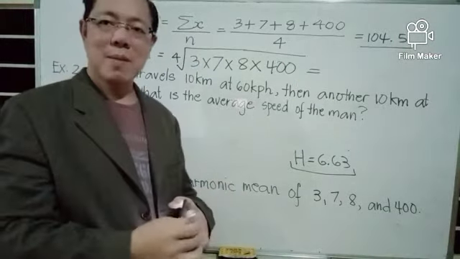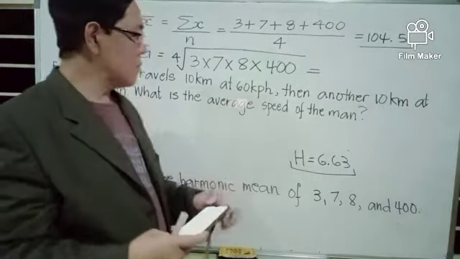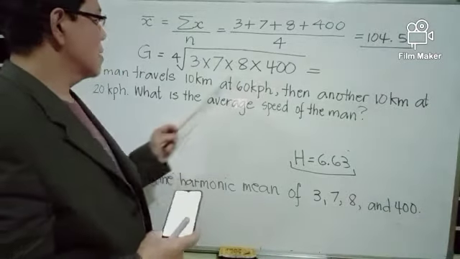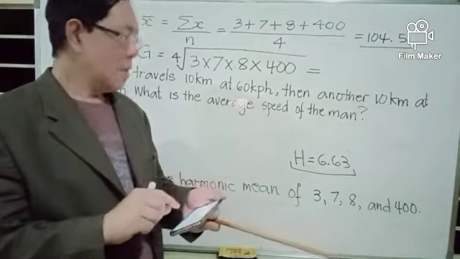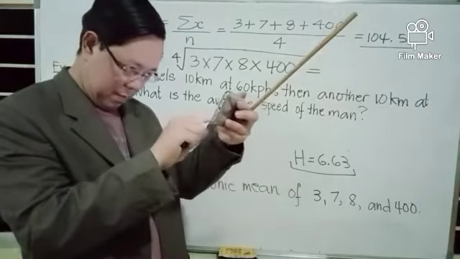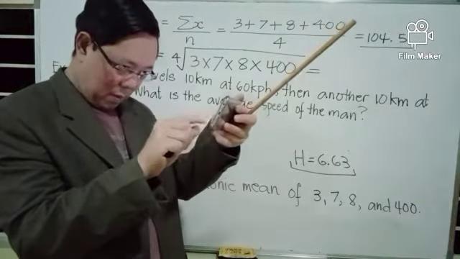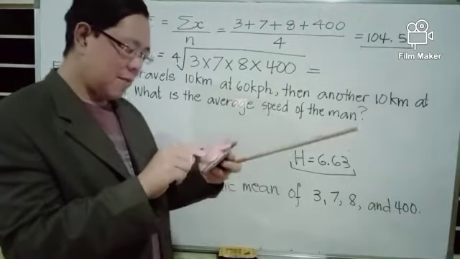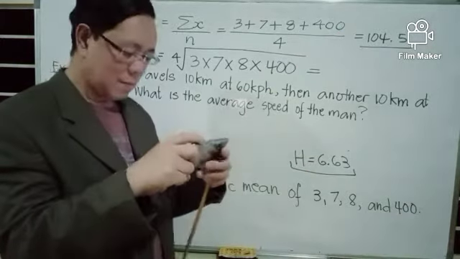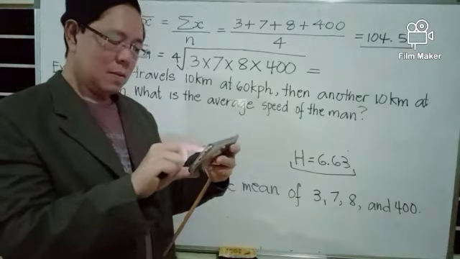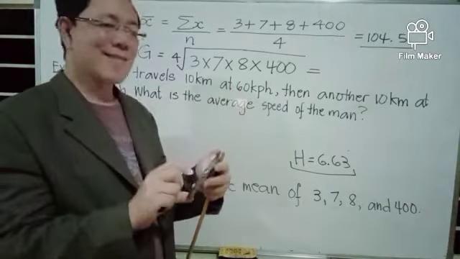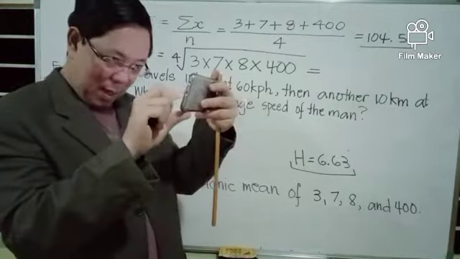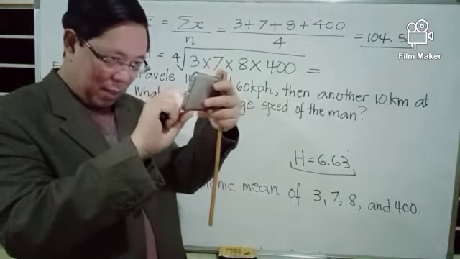And please use your calculator to find this value. We have 3 multiplied by 7, multiplied by 8, and multiplied by 400.